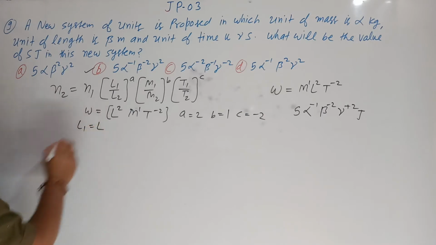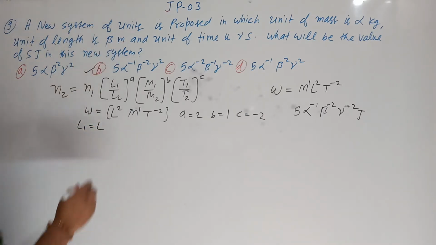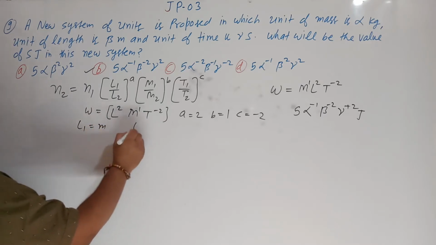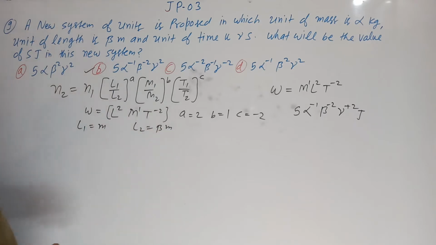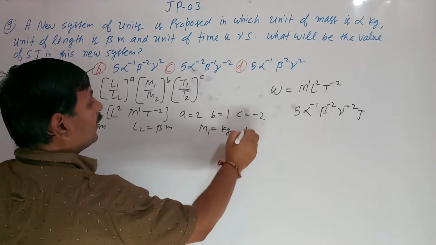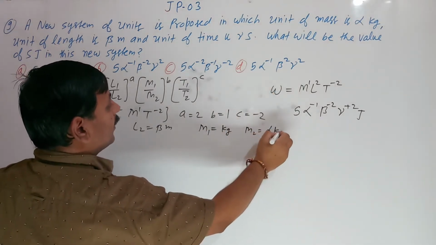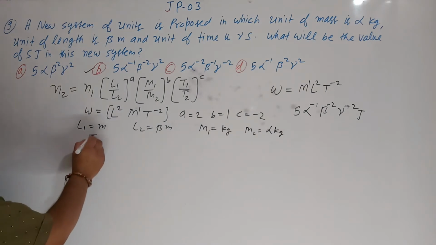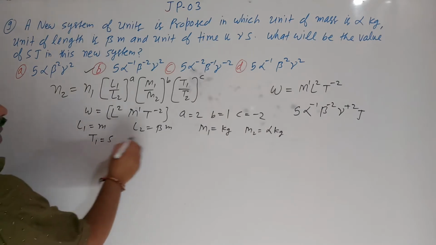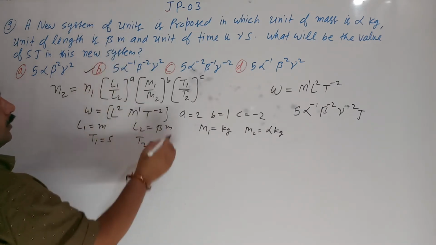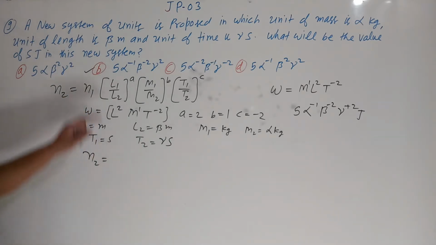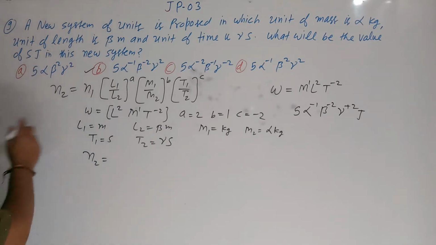L1 is meter, L2 they have given beta meter. Same way, M1 is kg, M2 they have given alpha kg. T1 is second in the first system, T2 they have given gamma second. If I am putting here, N1 is equal to 5, the numerical value they have given for 5 joule.